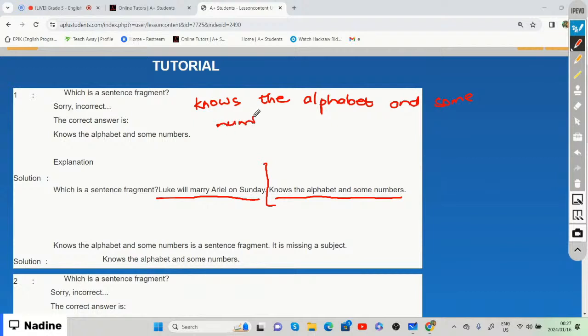Because now you need to ask yourself, who knows the alphabet and some numbers, which means that it is missing a subject. So over here, it is missing a subject, which means that it is a sentence fragment.